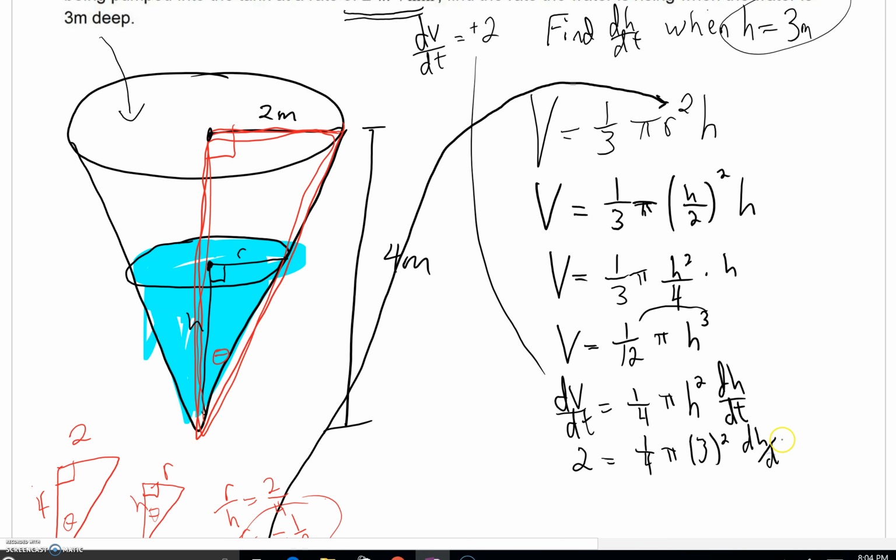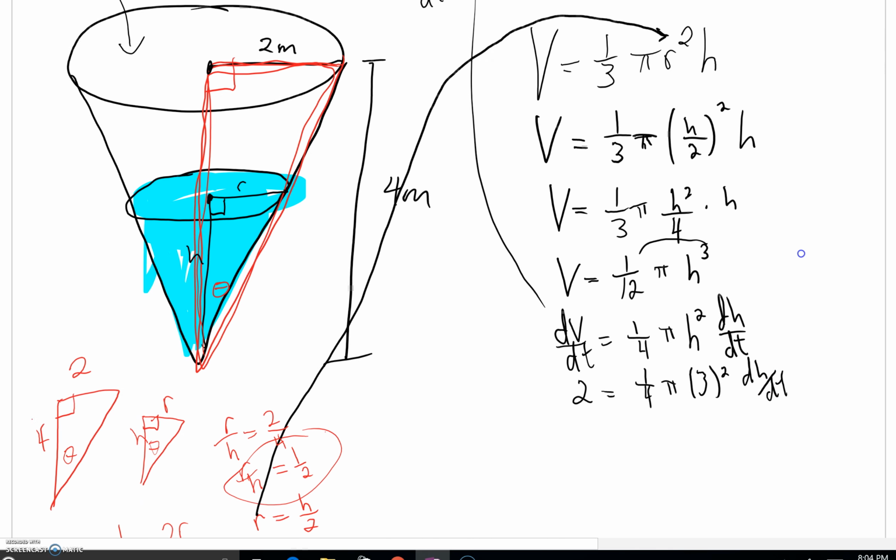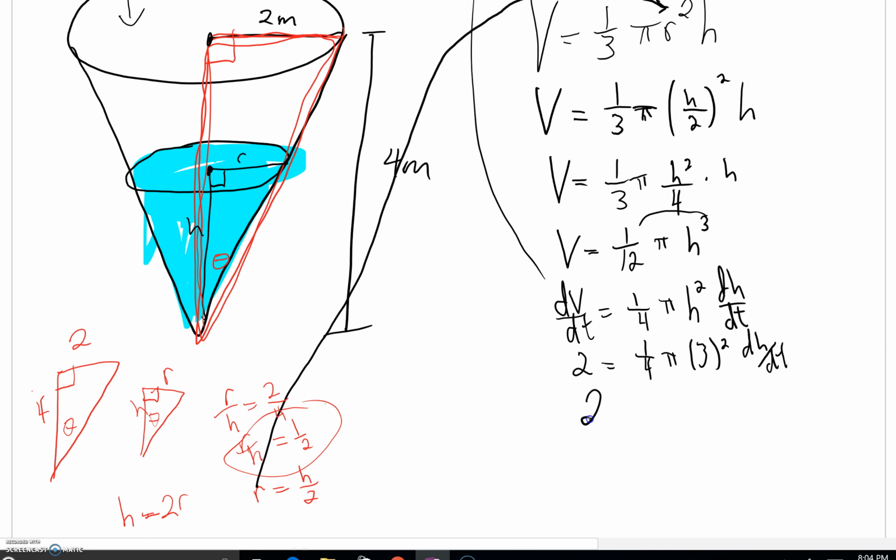What do we see now? Well, we've got an equation where honestly we can solve. Here's 9 pi all over 4. 3 squared is going to get you your 9. Might think, oh my gosh, how do I get dH dt by itself? How about we multiply both sides by the reciprocal of that fraction?